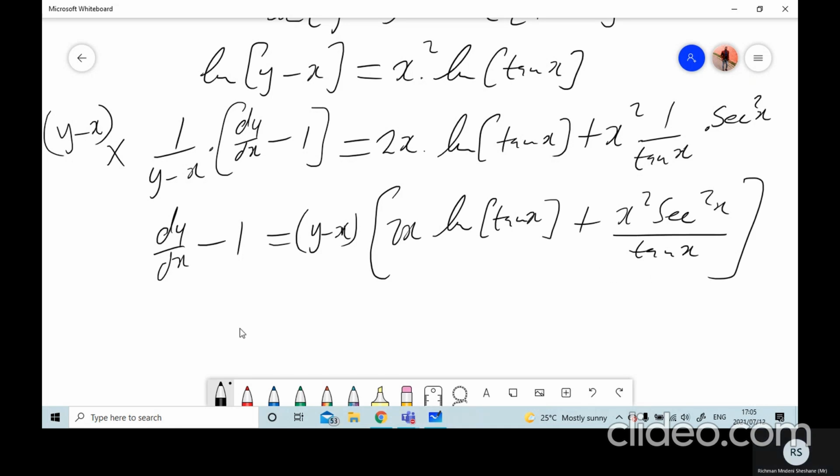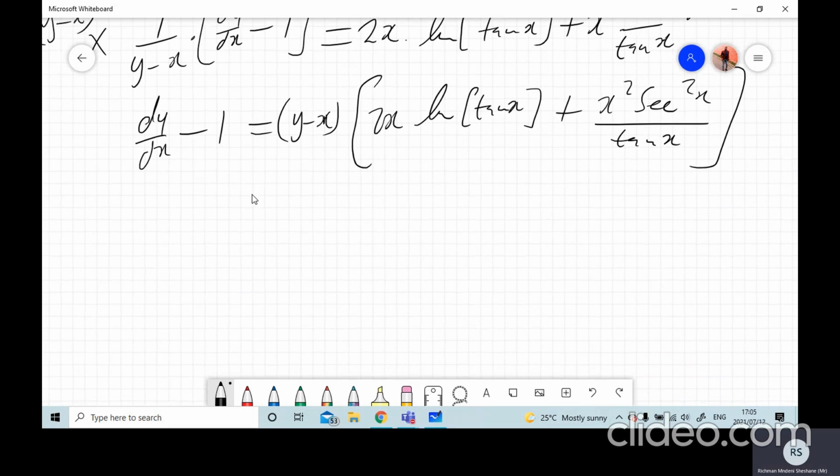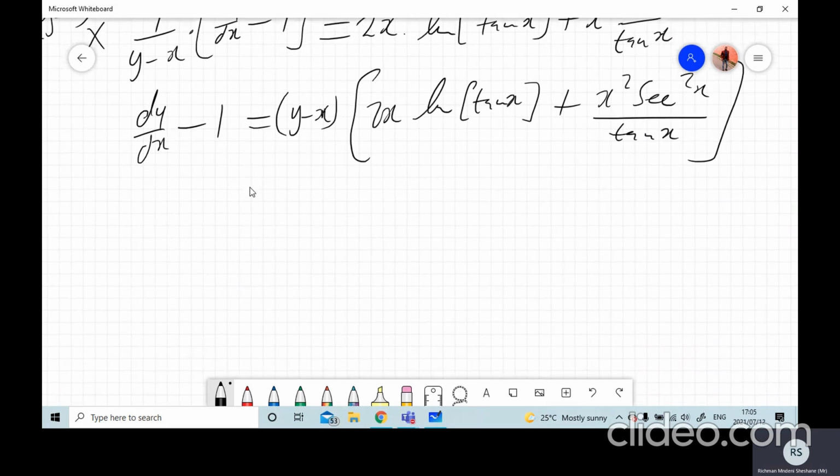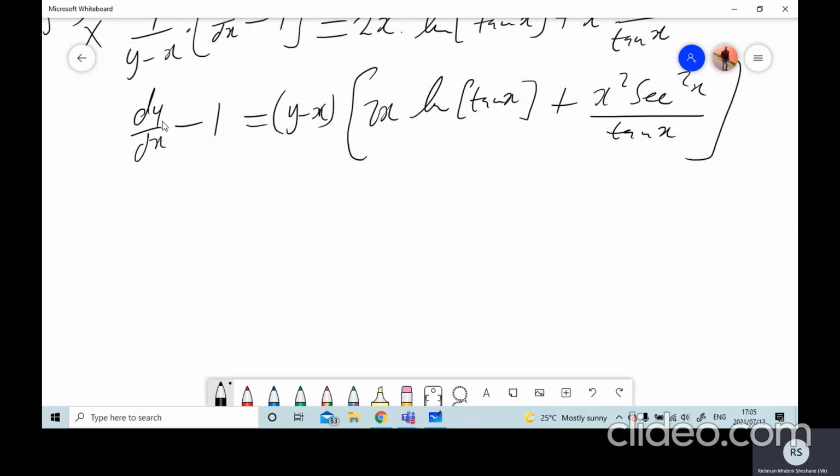Okay, remember I'm solving for dy dx. The question says find dy dx, so I need to know what is dy dx. To solve for dy dx, I'll need to transpose this minus 1 to the right hand side, so it will change sign.